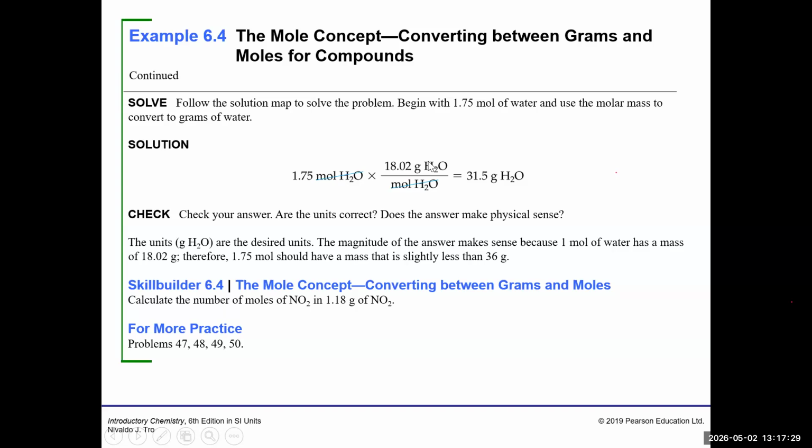I have the same as I have, 2.56 times 10 to the minus 2, so 0.0256 moles of nitrogen dioxide. All right. You guys are doing a very fantastic job. Well done.